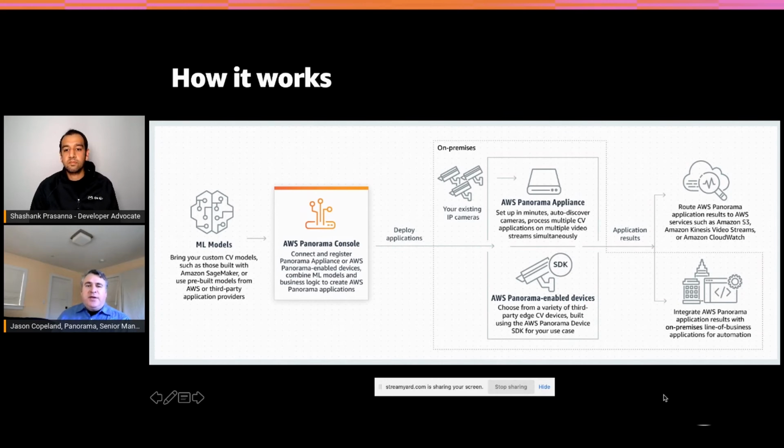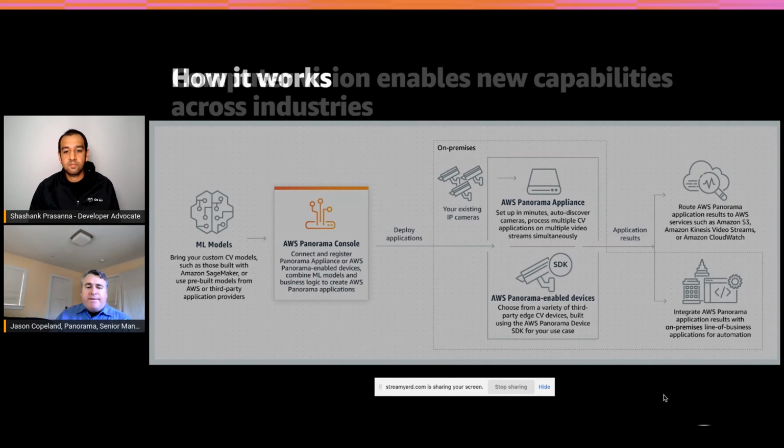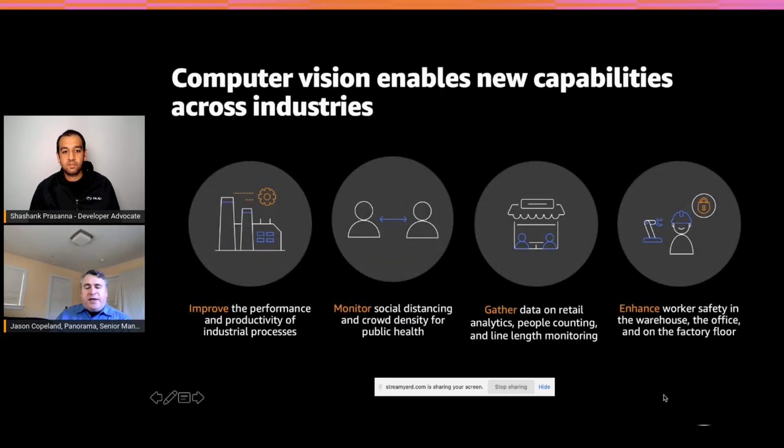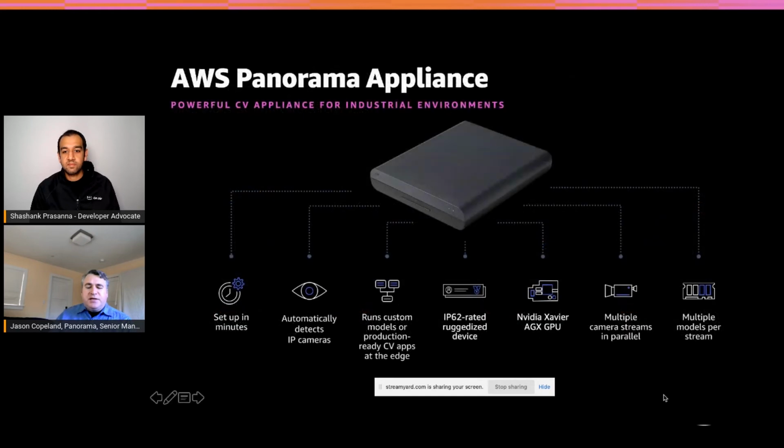But you can also use other data sinks like MQTT, and other methods to integrate into other line of business applications like ERP and CRM applications. I think we talked about some of these industries already, so I'll skip over that.